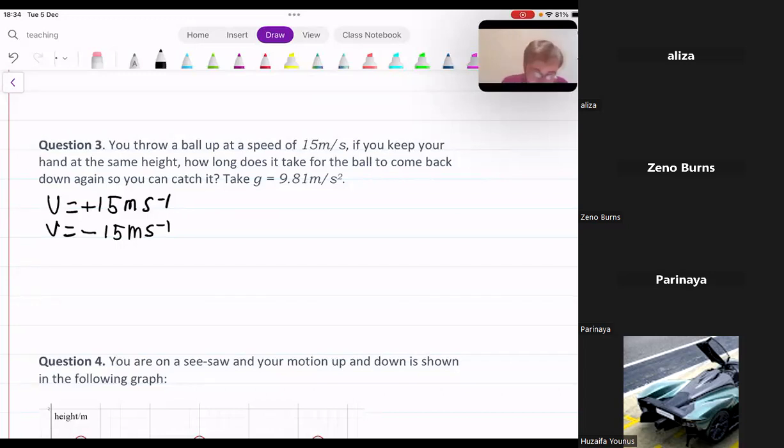And this accelerates under gravity. So the acceleration has a magnitude, or a size, of 9.81 meters per second squared. But gravity acts down, and we've already said throwing things up is positive. So the acceleration is negative 9.81 meters per second squared.